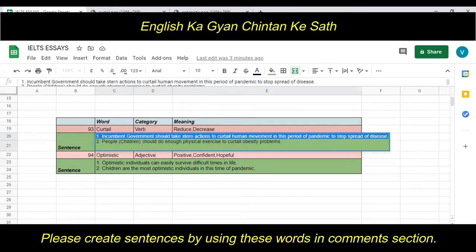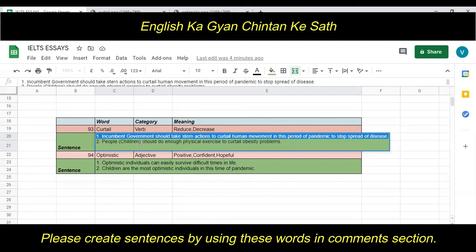Stern means strict actions to curtail human movement in this period of pandemic to stop the spread of disease. It means the government should take some strict action to decrease or reduce the human movement in this time of pandemic to stop the spreading of this disease.